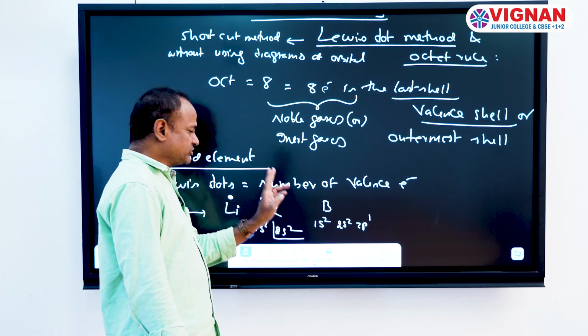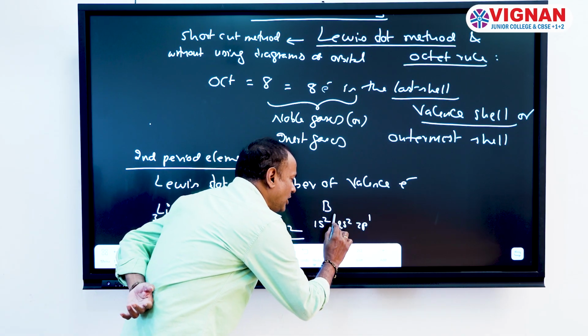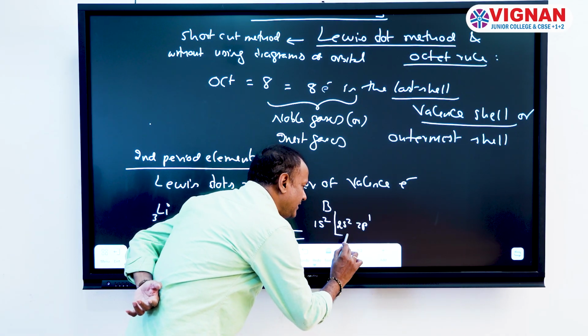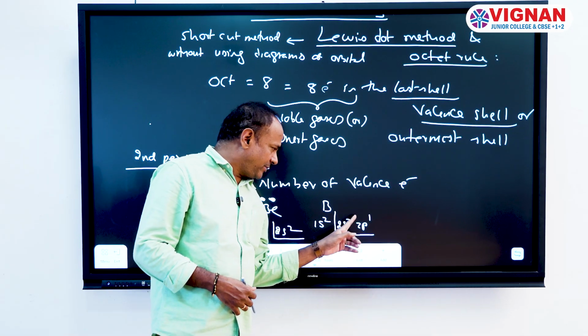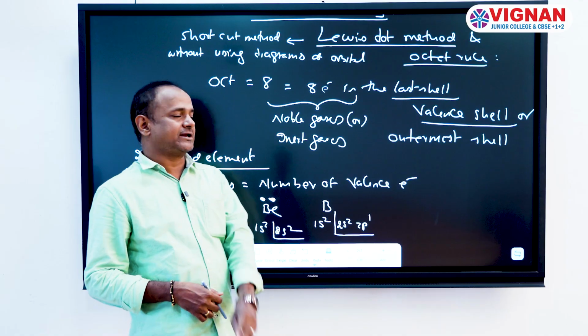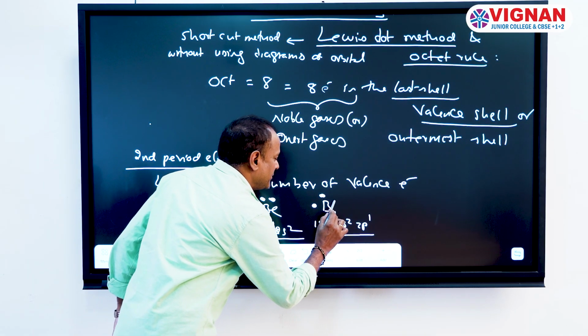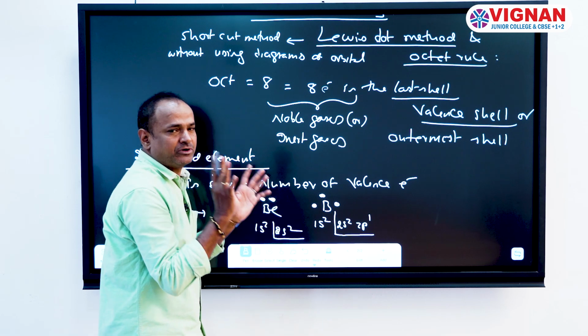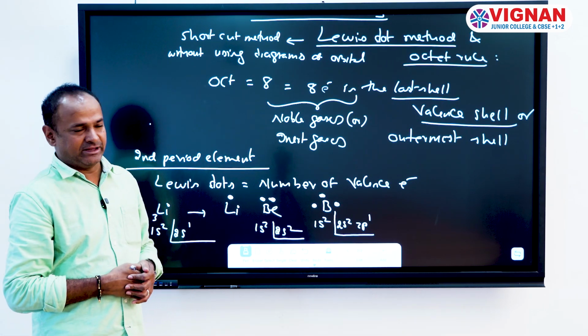The second shell is outermost, containing s and p orbitals. S contains 2 electrons, p has 1 electron, totally 3 electrons. Therefore put 3 dots on the boron symbol. That is the Lewis dot method.